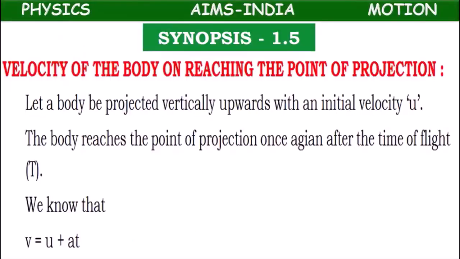So children, our today's concept is the velocity of the body on reaching the point of projection. In this video, we are speaking about a body vertically projected upwards, which means vertically thrown upwards. For throwing it up, we need some initial velocity u.